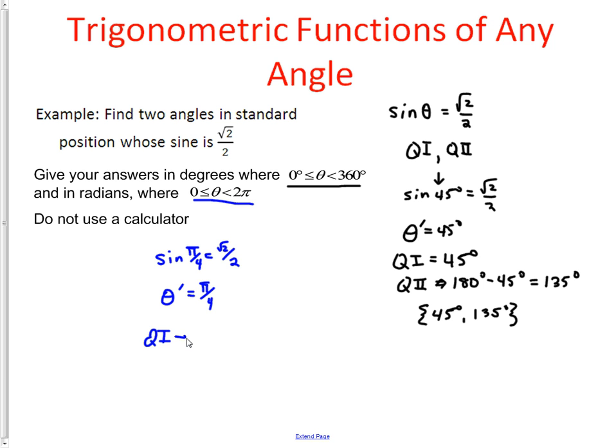So in quadrant 1, the angle we want is pi over 4 radians. And in quadrant 2, the angle that we're going to want is pi minus pi over 4. And working that out gives me 3 pi over 4 as my other angle. That's what I wanted. So we're done.